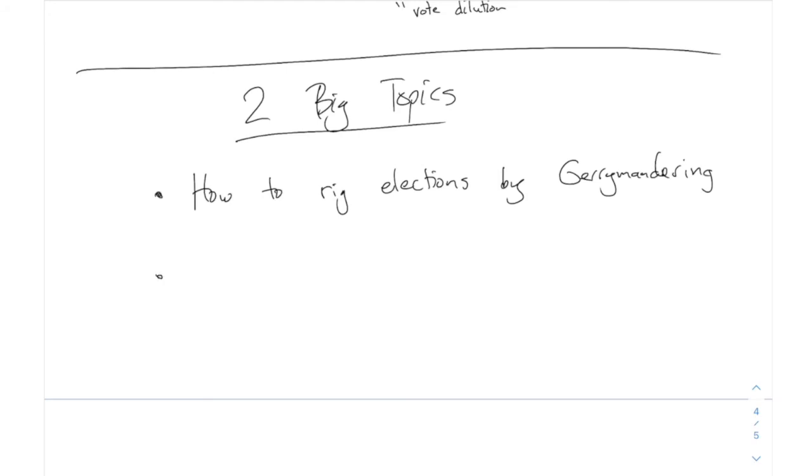And then also how to detect unfair gerrymandering. This is a big issue these days because the way this always goes in practice is somebody draws a bunch of lines, then the other side says, "No, those are unfair. They violate my rights or whatever.